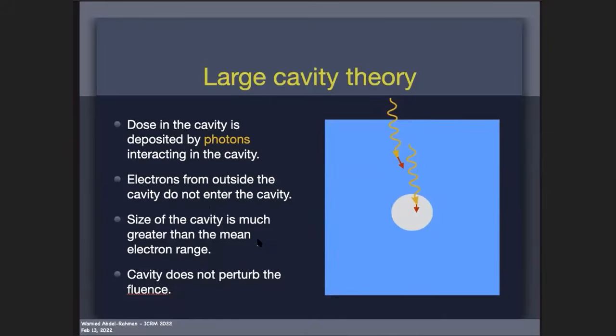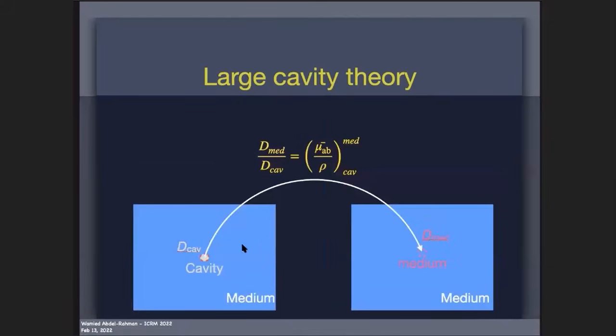And the size of the cavity is much greater than the mean electron range. So the electrons that are produced in the cavity do not exit the cavity, but they deposit all of their energy inside this cavity. And the last assumption is that the cavity does not perturb the influence of the photons in the medium. In this case, then the dose in the medium is related to the dose in the cavity by the ratio of the mass energy absorption coefficients of the medium to cavity.